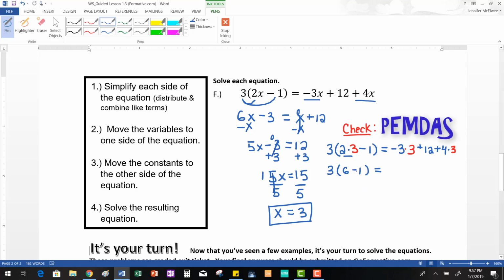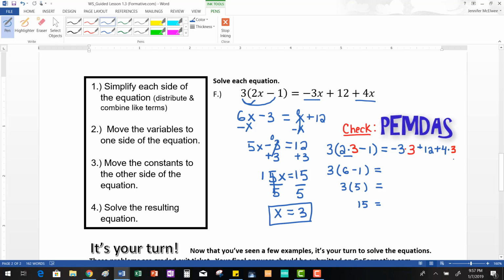I still need to do the 6 minus 1, so I'm going to do that here as well. That gives me 5. And 3 times 5 is 15. Again, you can put all of that in your calculator, hit enter, you get 15. You just have to remember the number that you get on the bottom.